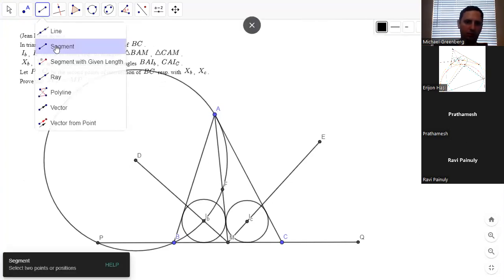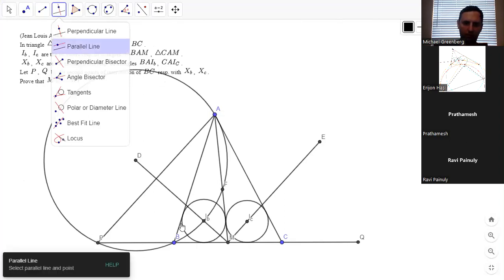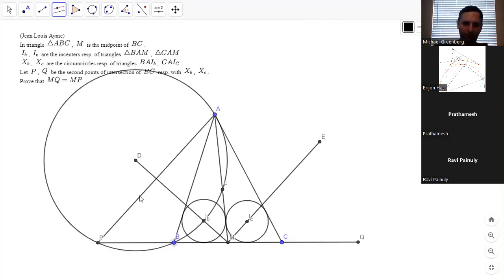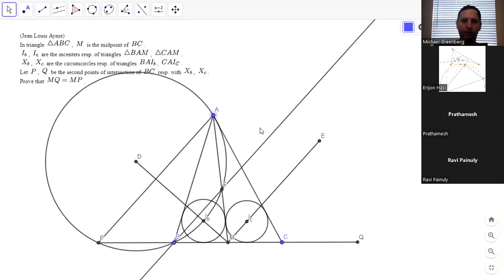So they have to be collinear. I just don't see why. Or maybe first we could try to show those isosceles and then it would follow from that.